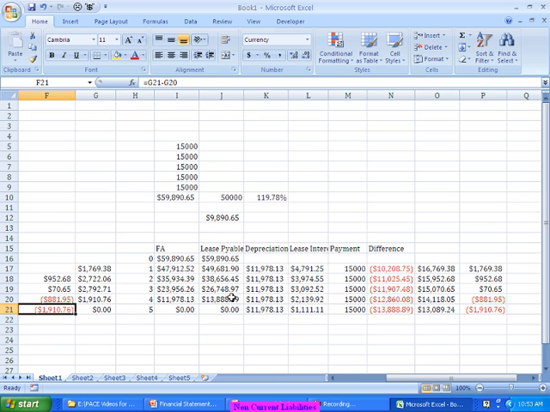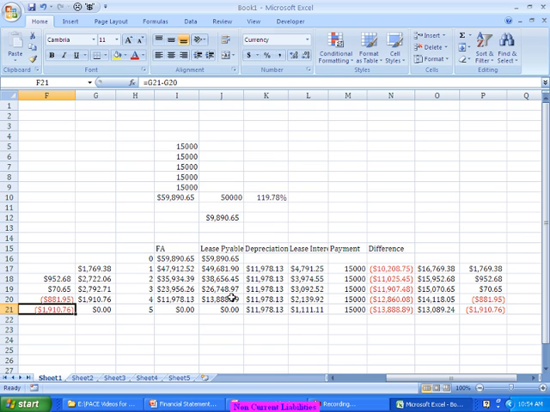And coming to the assets, there is a depreciation that is applicable, and corresponding to that depreciation, the asset value keeps reducing. Coming to the liabilities, the lease payable, there are two aspects in that. One is the lease interest payment. The second one is going towards the reduction of the lease payable based on the actual payment that has been made.